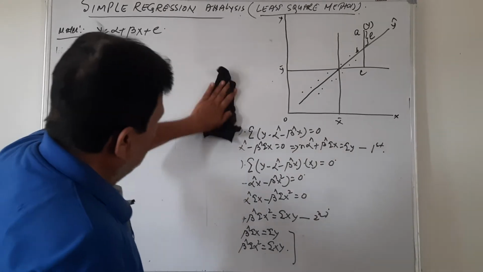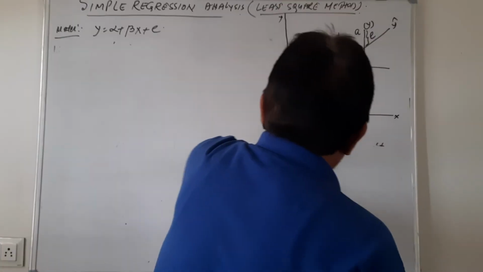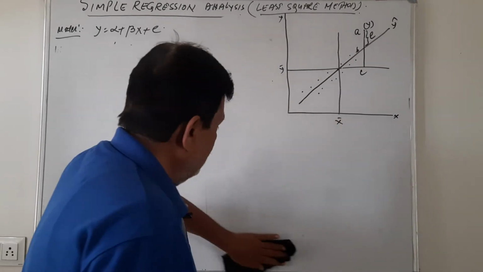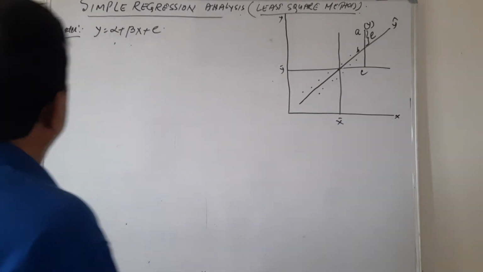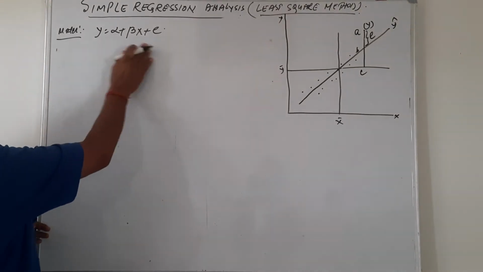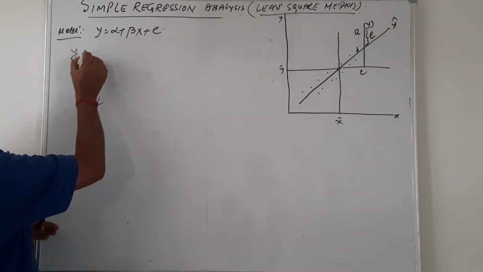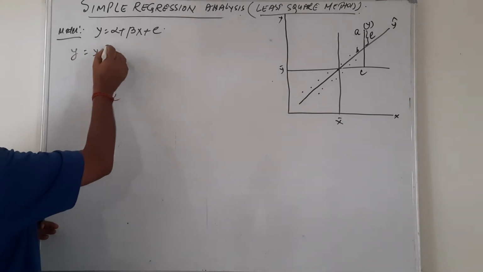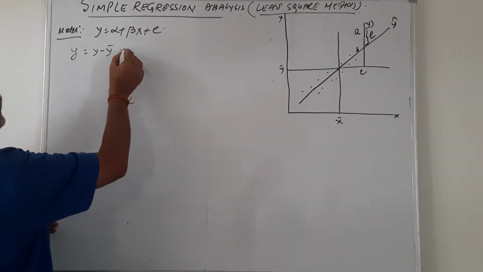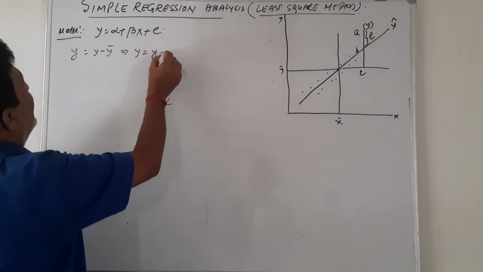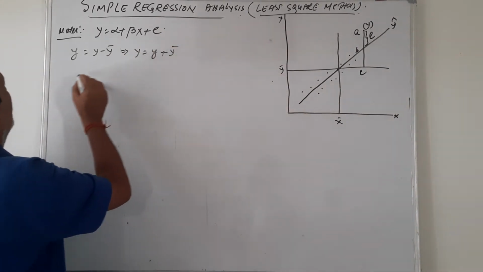Now in deviation form, we shall deviate each variable from its own mean, x from x bar and y from y bar. So small y is y minus y bar, hence capital Y is small y plus y bar.